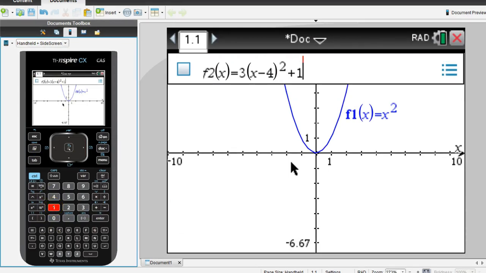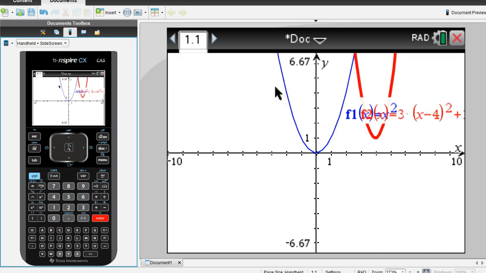We said it would look just like the parent, only shifted 4 to the right and up 1. Still opening upward, and notice it's a little taller, a little skinnier. It's been stretched.